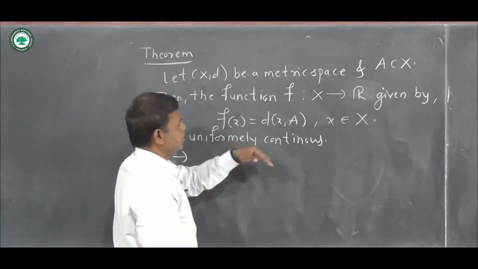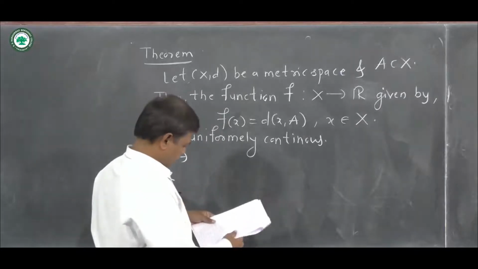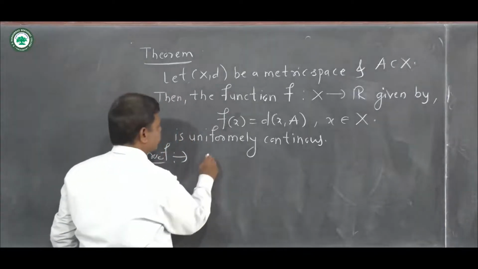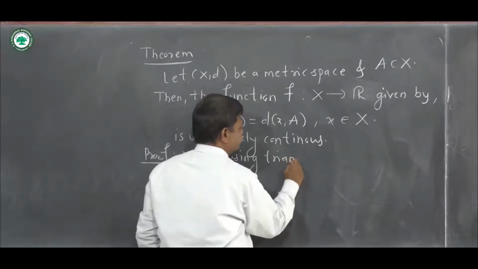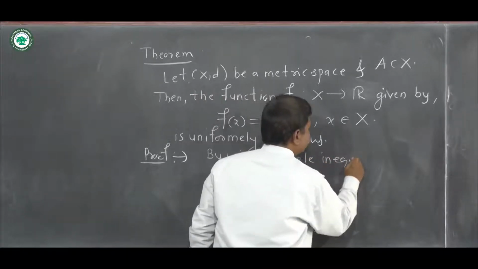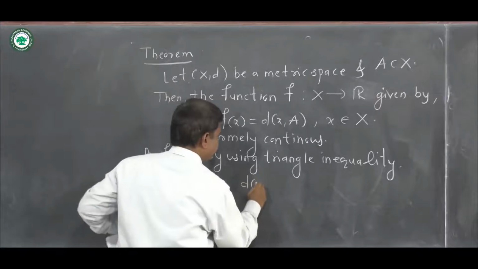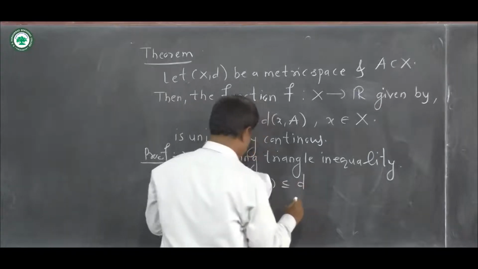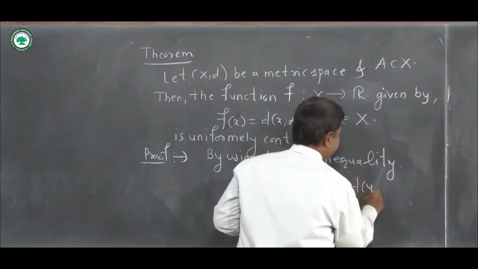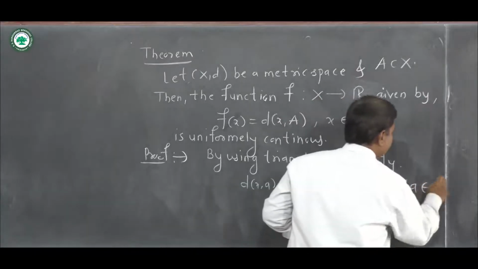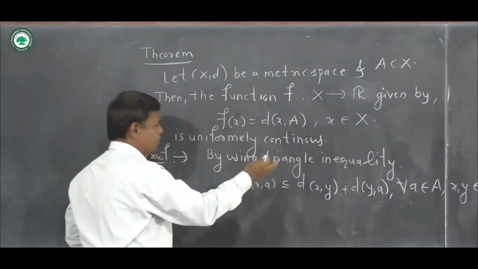If we take points of the set A and X, that is 3 points, then by using the triangle inequality we write d of x comma a is less than or equal to d of x comma y plus d of y comma a, for all a belonging to A and x comma y belonging to X. We write this because we know that (X, d) is a metric space.